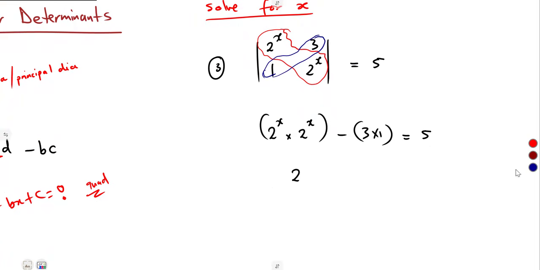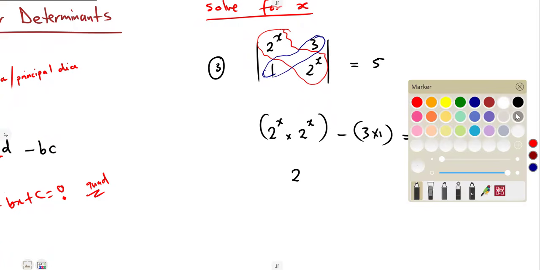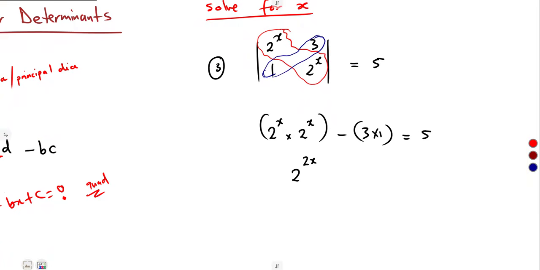We are going to add our exponents x and x, which is going to give us what? 2x. Laws of exponents: x to the exponent of a times x to the exponent of b, you add the powers. So you add x plus x, and that is what? 2x. Minus 3 times 1, that is 3, and that is equal to 5.